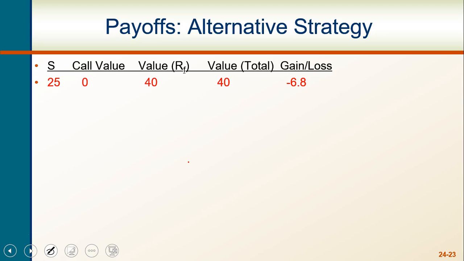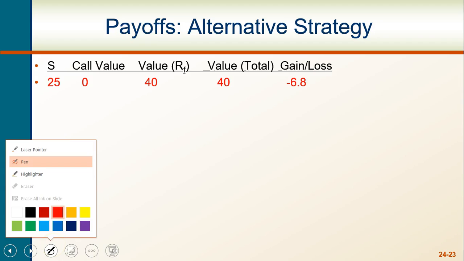So we had two things in that strategy: a stock worth $25 in the first row, and the put worth $15, so that the combined value was $40. In this case, we do not have the stock.